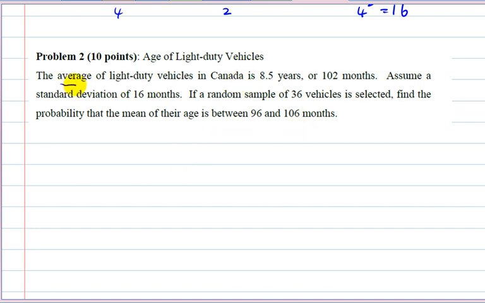Let's say you define a random variable, in this case the sample mean, x bar, between 96 and 106. What is the probability of this one here?